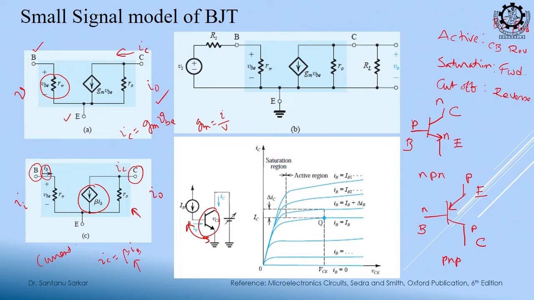How to get a current from a voltage? I have to multiply it with a transconductance. Similarly, if you want to get a voltage from a current, what should you multiply it with? Resistance, just that. So, it should be the inverse of resistance. And what is this R naught? This is output impedance; think of that much, the details we will learn later. So, these two models, okay.